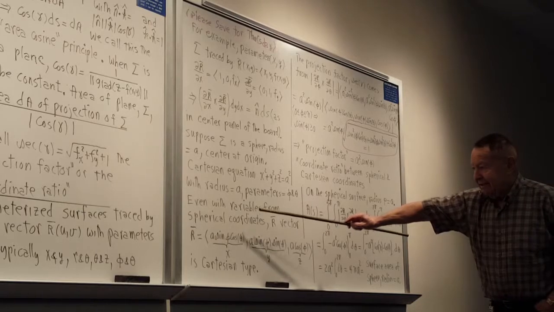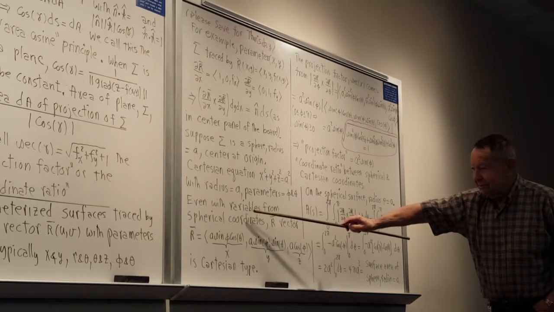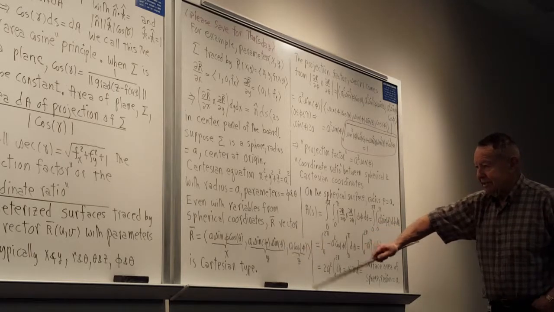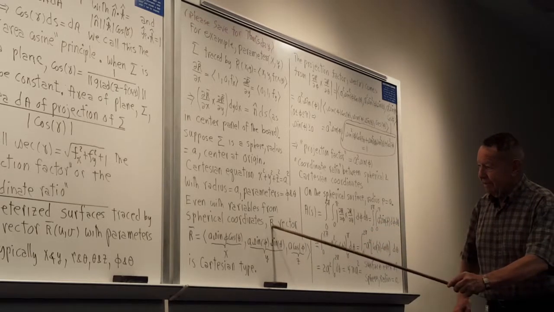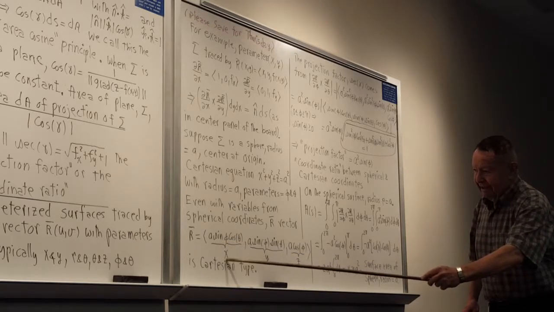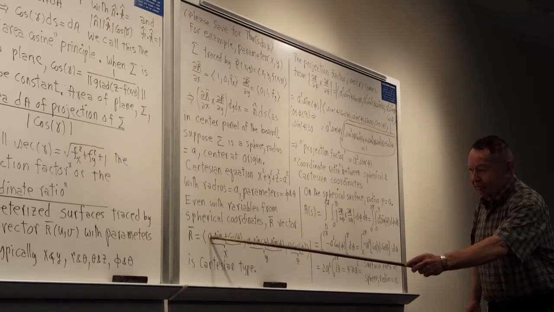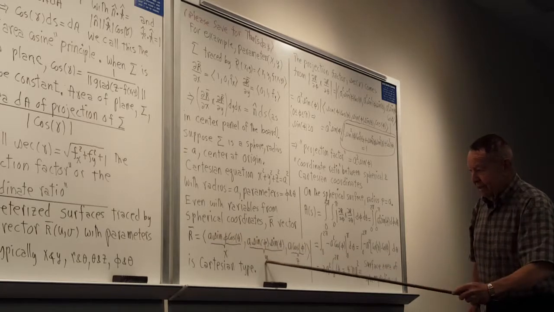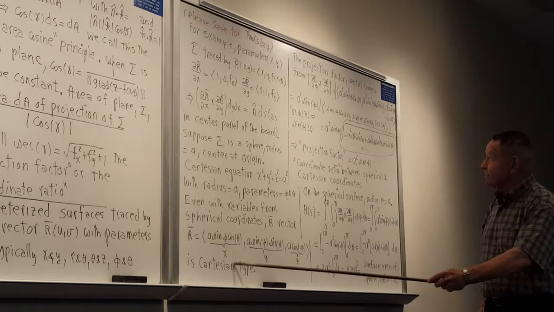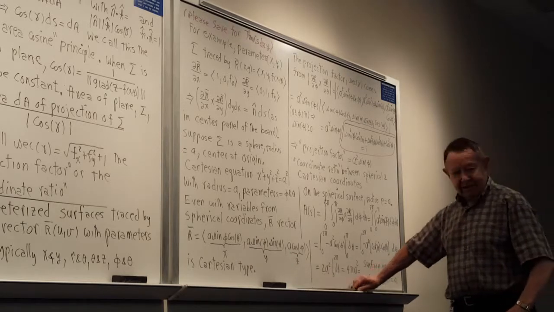And as I've been saying this morning, even with variables that are from spherical coordinates, if you're setting up your R vector to be like this, you're writing x in spherical coordinates, y in spherical coordinates, z in spherical coordinates, so it's a Cartesian type vector.